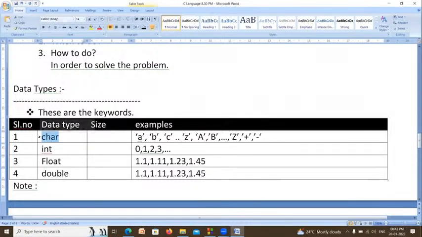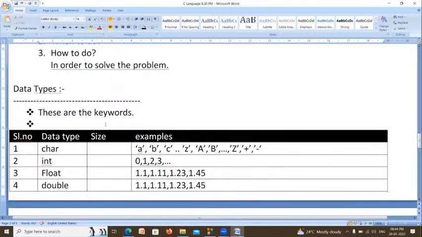Character is a name already defined in C. Integer is a name already defined in C. Float is the name of a data type already defined in C. Double is the name of a data type already defined in the C language. So predefined words, predefined names, are called keywords.